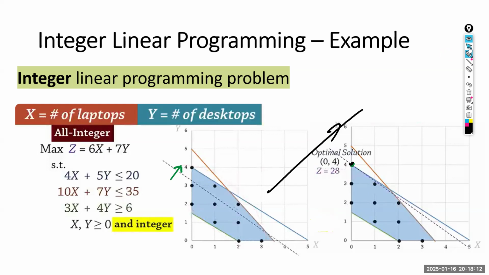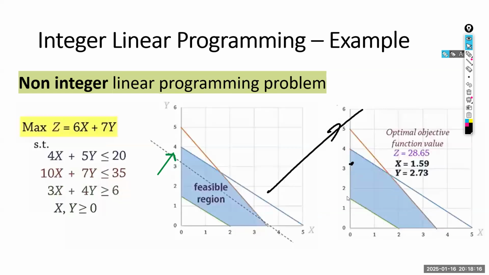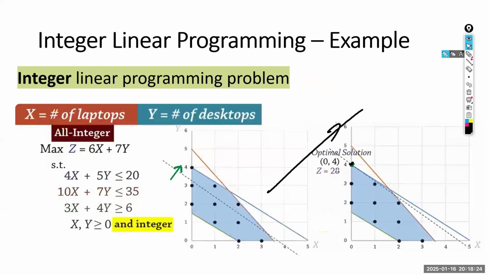Earlier it was x 1 point something, y 2 point something, but that is not an integer solution. Earlier the optimum value was 28.65. Now the optimum value is actually 28. And this is the integer solution.